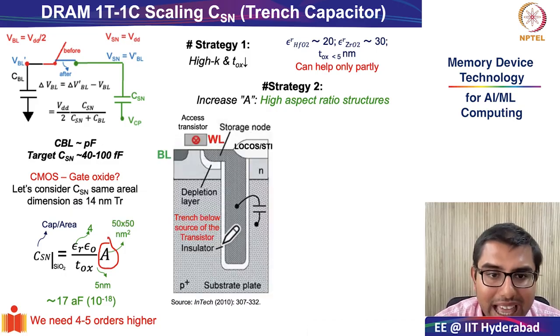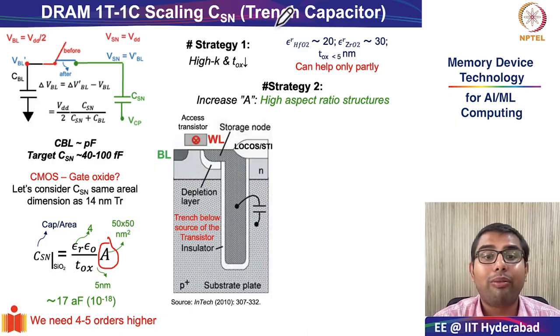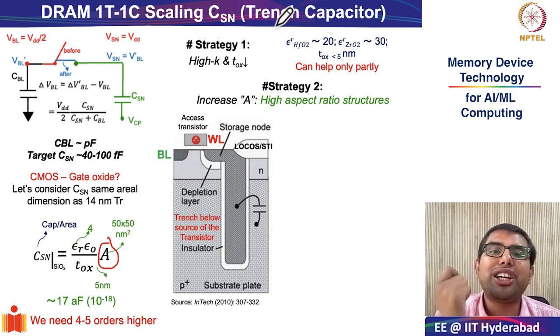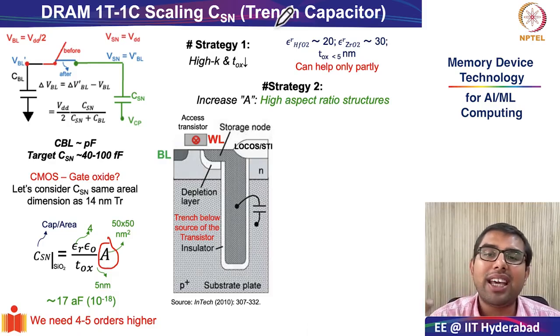So this is a high aspect ratio structure, and the first technology to develop these high aspect ratio structures was called the trench capacitor. We'll soon discuss why it is called trench capacitor. Just a very interesting note, developing high aspect ratio structures for higher effective area is actually inspired from biology.